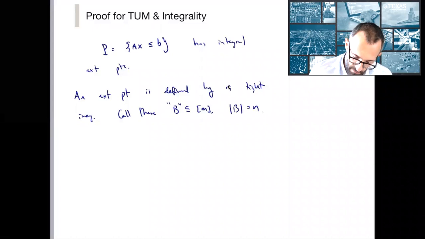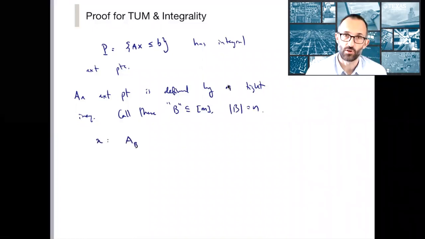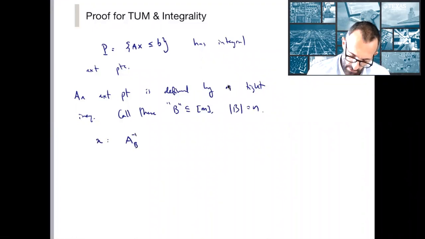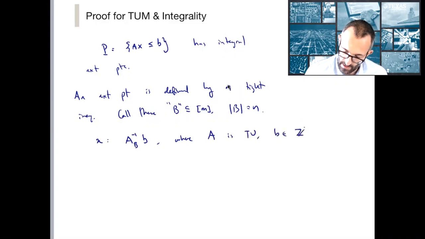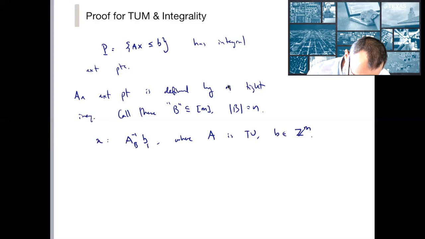And then, therefore, x is defined by A_B, this is our usual notation, inverse times b, where recall, A is assumed to be totally unimodular and b is an integral vector. Whoops, I need a subscript B, right? I'm only choosing those sets of inequalities.